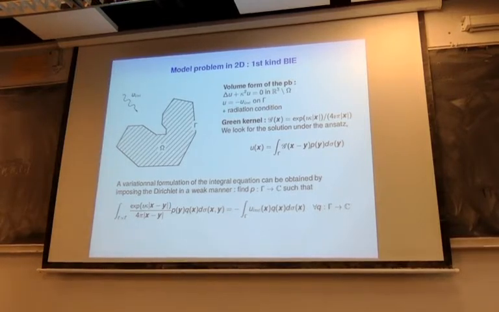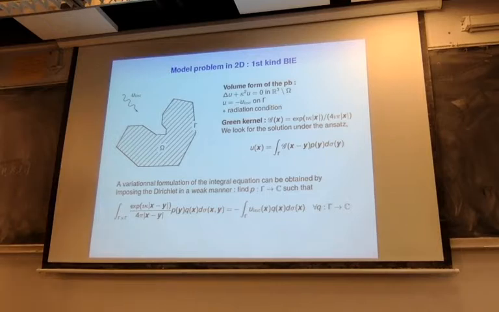So the only thing that has to be enforced for U to be a solution of my boundary value problem is the Dirichlet boundary condition. And I can enforce this weakly, by testing this ansatz form with a surface test function Q, that will be a function living at the boundary of the scatterer, and then integrating the whole thing, and I end up with this variational formulation.